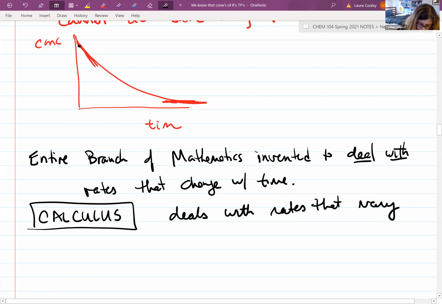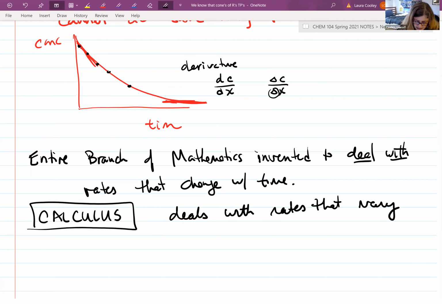In fact, at every point on this graph, we define in calculus something called a derivative, which is dC/dt, the change in concentration over the change in time, as these deltas get really, really small. So a derivative is simply one of these delta ratios, but when the intervals get really, really small.